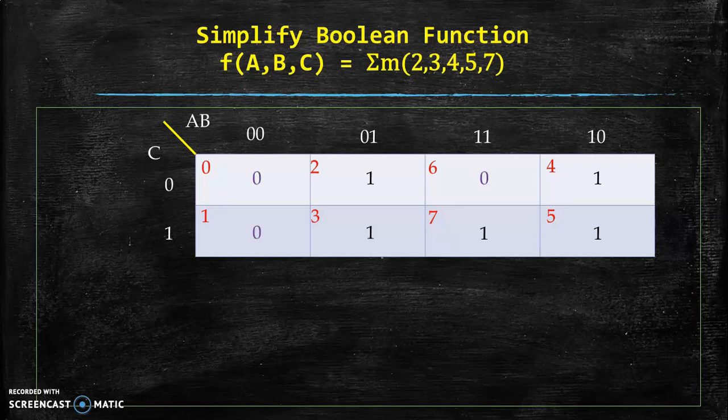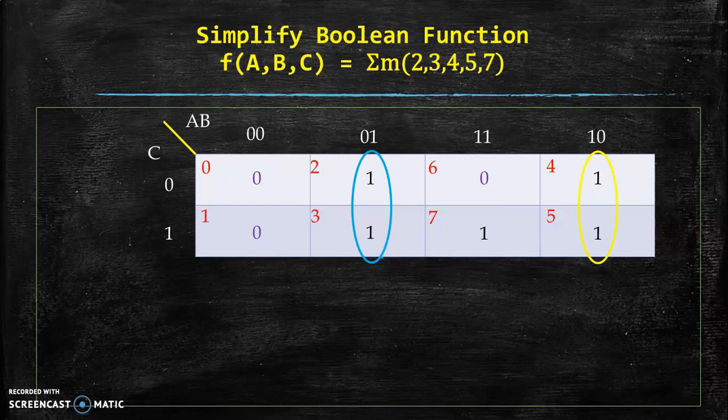Now the next step is important, to make groups. Again we can see that we have a total of 5 minterms, but a quad is not possible. So we will have to go for making pairs. We can make one pair. We can make a second pair. Now in cell number 7, a 1 remains.